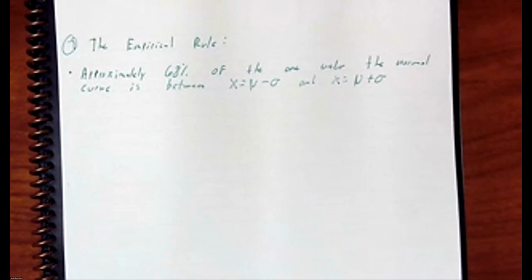So if you go out one standard deviation in both directions, you will have 68% of the population. Okay.